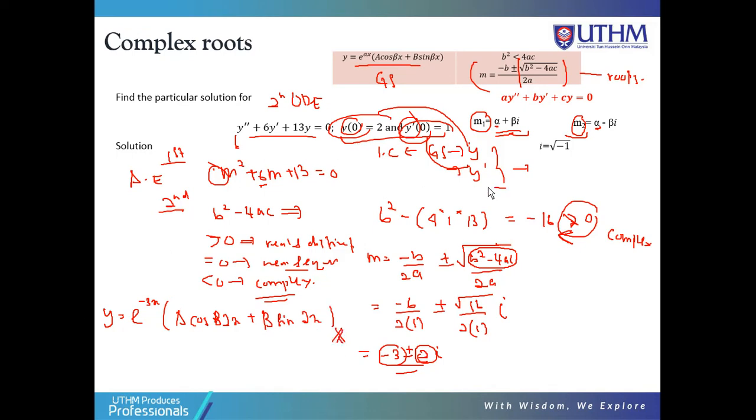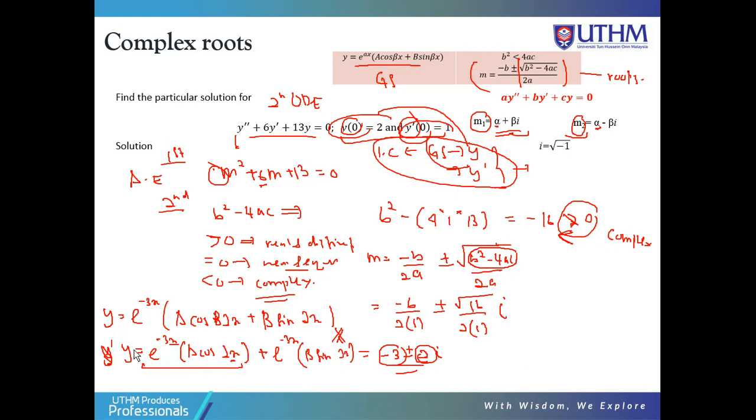So here you repeat again to find the particular solution. The given is y, so you need to find the y prime, and you need to do it twice. When you solve, y equals e to the power of negative 3x times a cos 2x, plus e to the power of negative 3x times b sin 2x. Here there is an x, so you need to solve using the product rule to find y prime.